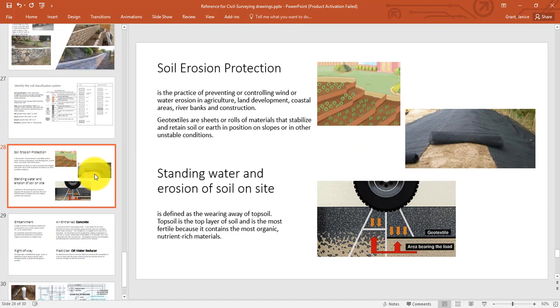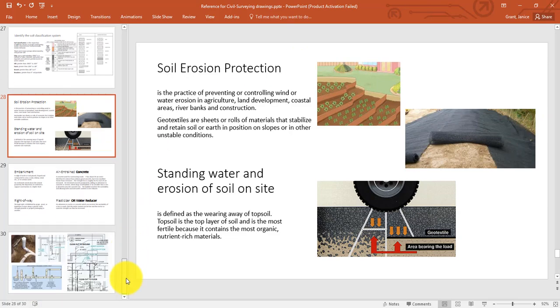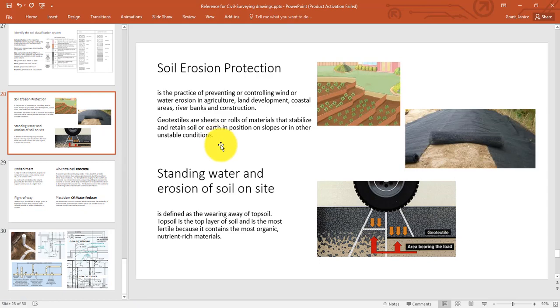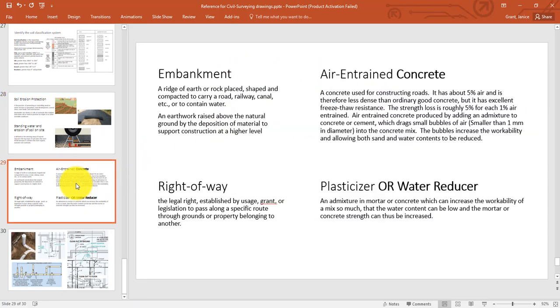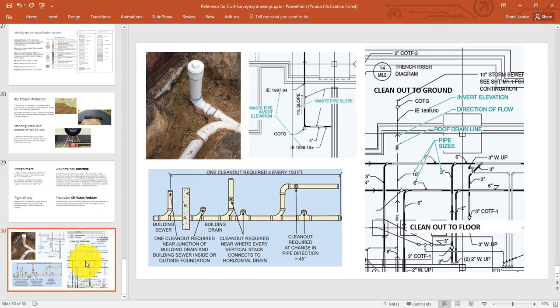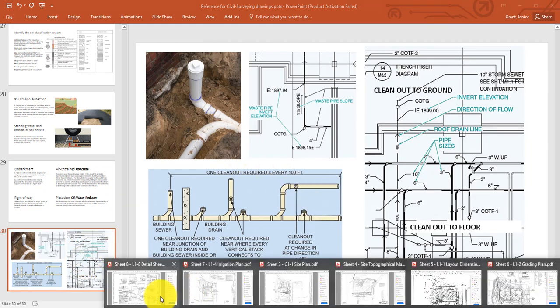And other terms I've added in here, like the geotextiles that we saw in the chapter. Here are the sheets or the rolls of the material that stabilizes the earth to avoid soil erosion and protect the vegetation here. I included a couple of other terms here, and then the cleanouts. We'll see these a little bit more when we look at mechanical drawings.